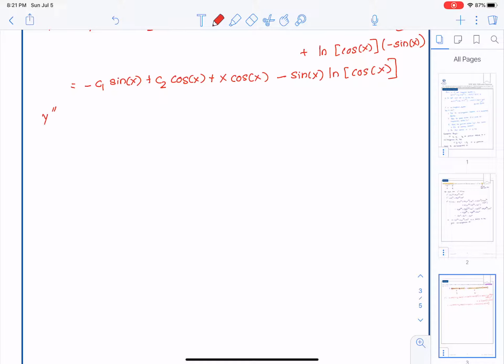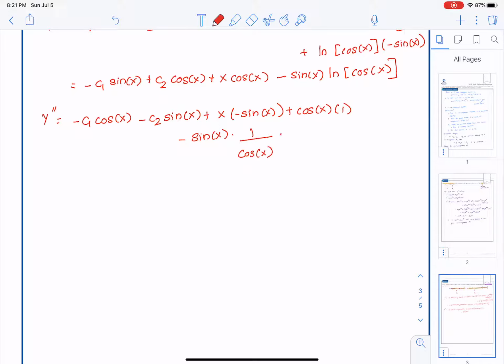Now we find the second derivative: negative c1 cosine x, negative c2 sine x, product rule again, x times negative sine x plus cosine x times 1, minus sine x multiplied by the derivative of ln of cosine x, 1 over cosine x multiplied by its derivative, which is negative sine x, plus ln of cosine x multiplied by the derivative of sine x with the negative, we have negative cosine x.